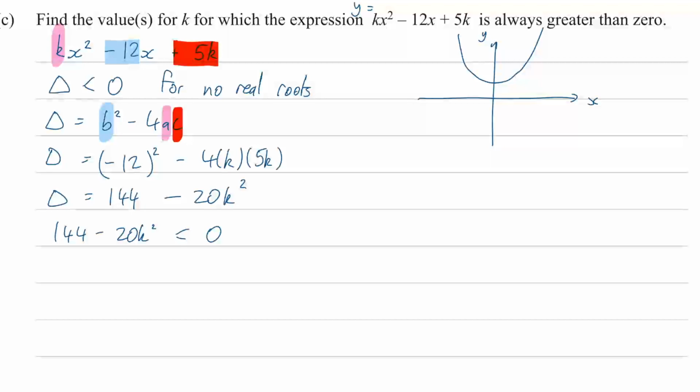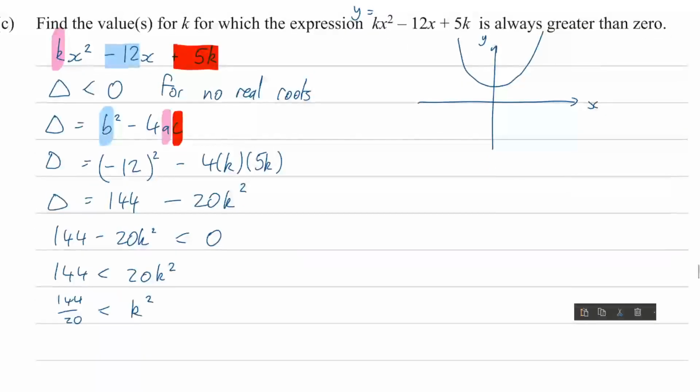Right, so now I'm putting it into an inequality. We'll add 20k squared on both sides, and divide both sides by 20. So k squared must be greater than 144 divided by 20. When we get here, you might be thinking, all right, I'll just square root both sides. Not so fast. Inequalities work a little bit differently.